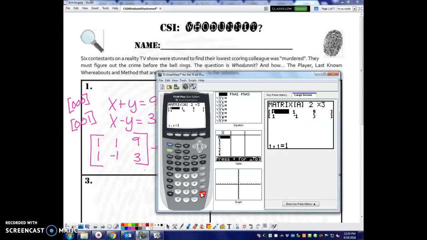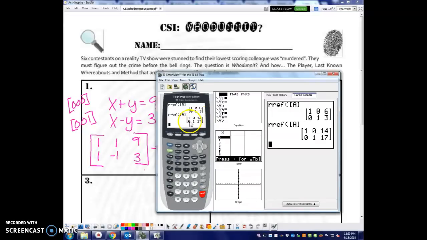Okay, and now the numbers we had there was 1, 2, 48. And then we had 1, -2, -20. After it's all typed in, we quit. Go back into matrix, over to math, RREF, back into matrix, choose A, enter.